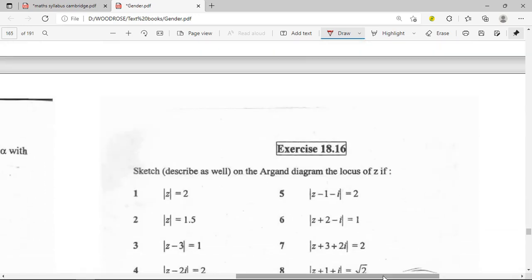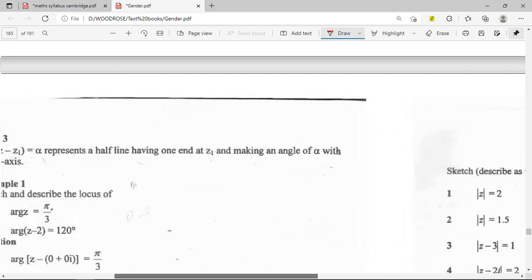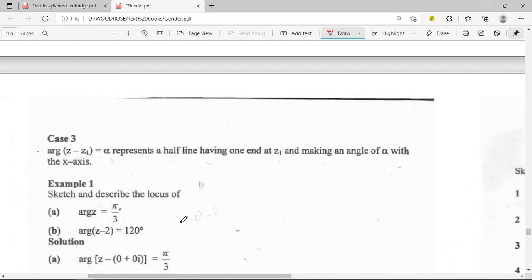last locus. This is the last locus, case 3, where we are having the argument. We are saying argument of Z minus Z1 is equal to alpha. It represents a half line having one end at Z1 and making an angle alpha with the x-axis. What are we simply implementing here?